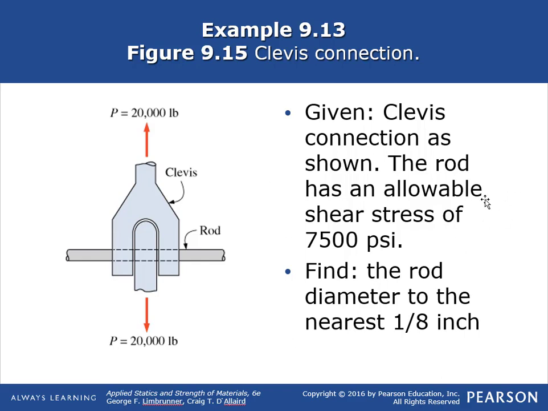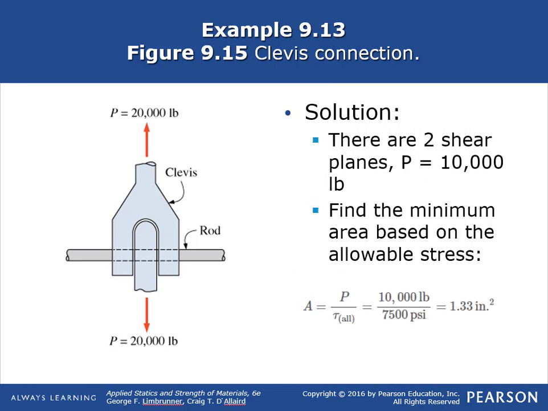We're given an allowable shear stress, and then we need to find the diameter of the rod. So, solution. There are two shear planes, one on each side of the bar in the middle. So there are two shear planes per rod. Therefore the load per shear plane is 10,000 pounds.